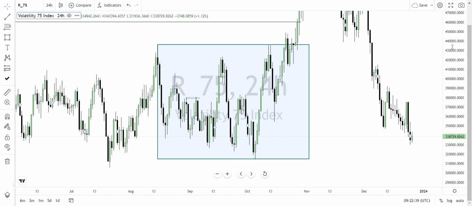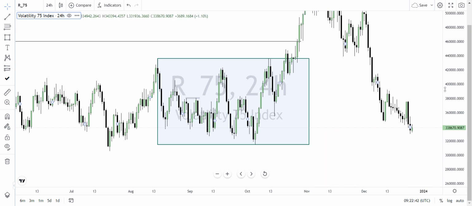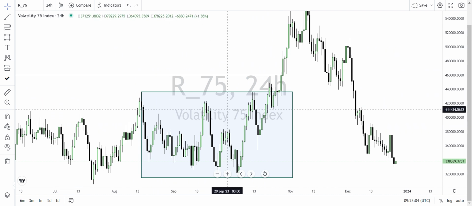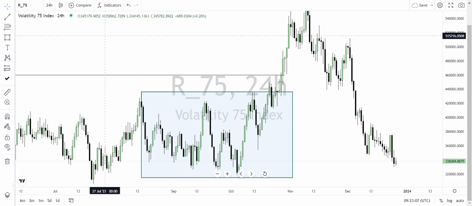Now, check very well. The market actually broke up around this point. Now, the market went up. The fact that the market actually broke out from this channel, we call this channel break. Now, the market is going to go that same distance up.